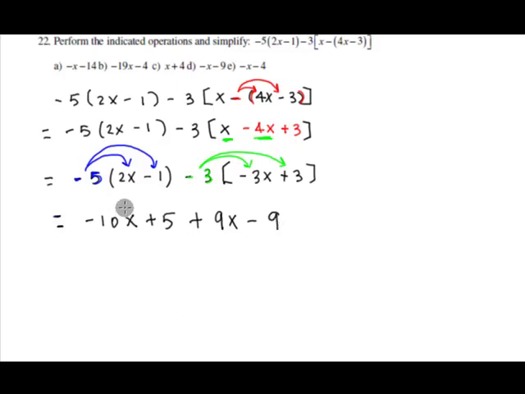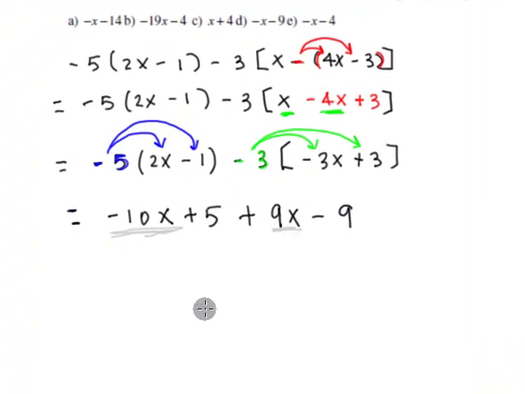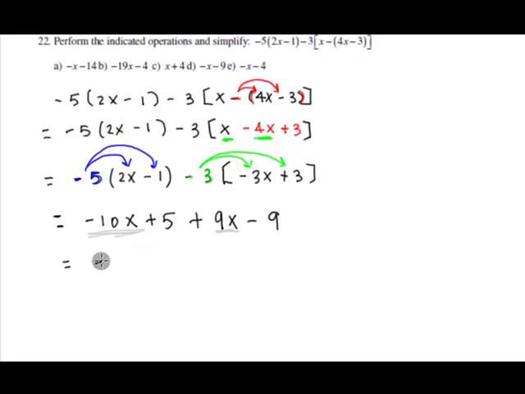When we do a distributive like that, we remove all the parentheses. Now the last step we need to do is combine the like terms. So now we need to see which are the like terms. Negative 10x and 9x are a pair of like terms. Negative 10x combined with 9x is going to give us negative 1x, but we normally don't need to write the 1, just negative x.